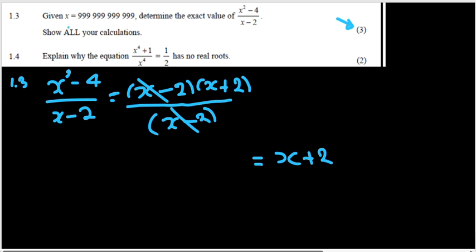But I was told that x equals 99999, which means that this expression (x squared minus 4) divided by (x minus 2) is similar to 99999 plus 2, because this one is my x.